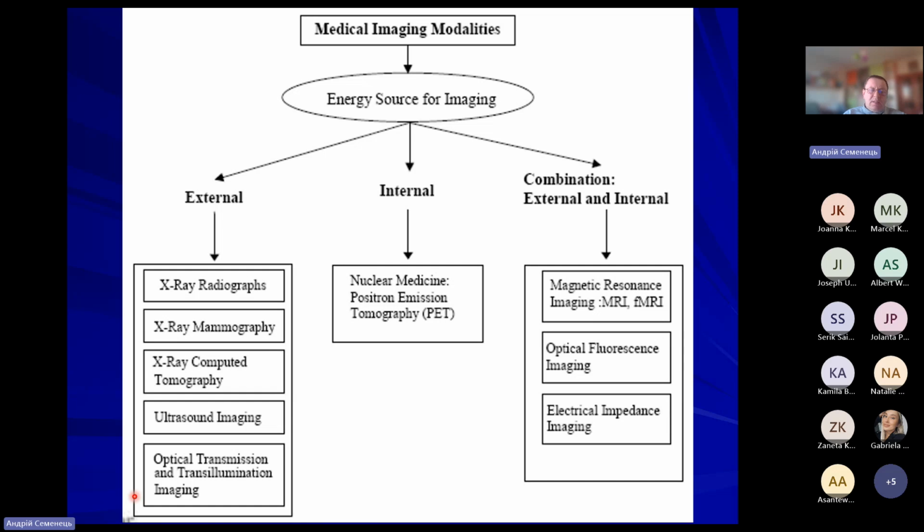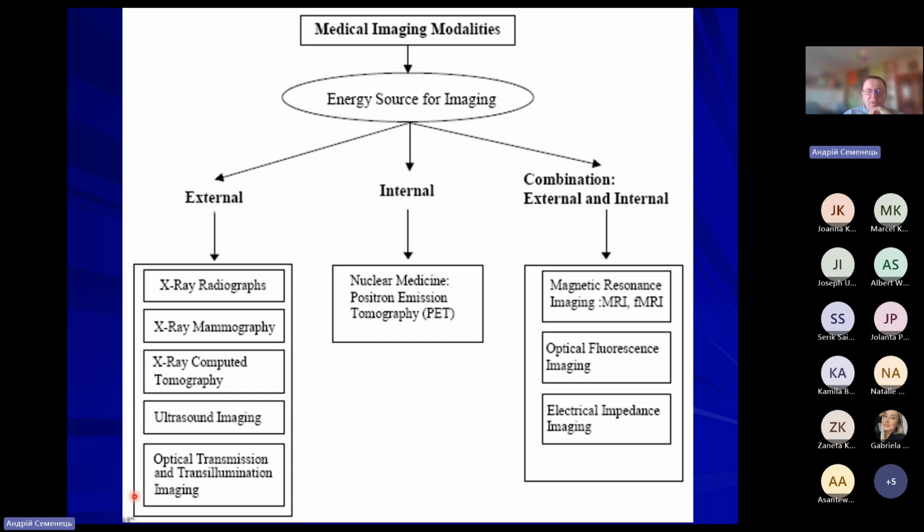So the most common thing is of course external illumination, starting from conventional photo, and then, which is most important, various ways of X-ray imaging, from conventional X-ray up to different types of tomographies, of course ultrasound is related here, same transmission, transillumination, optical imaging, and so on.